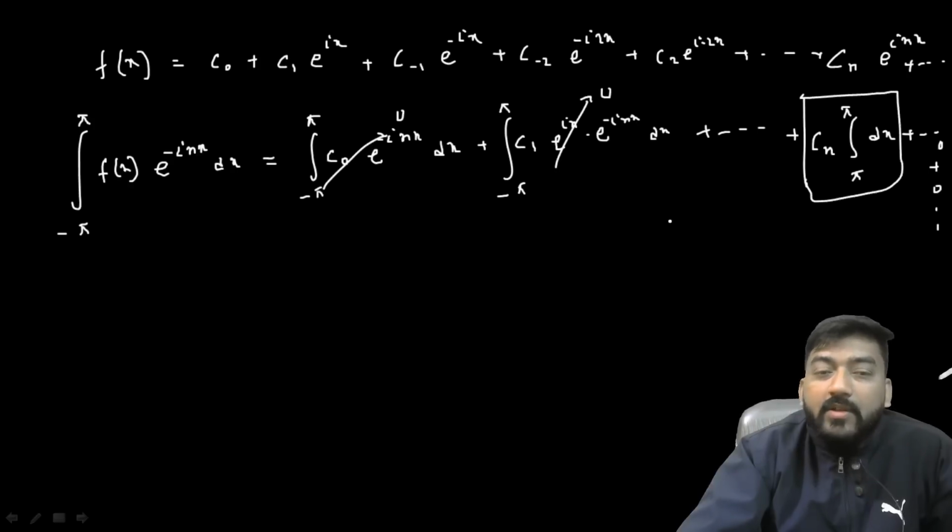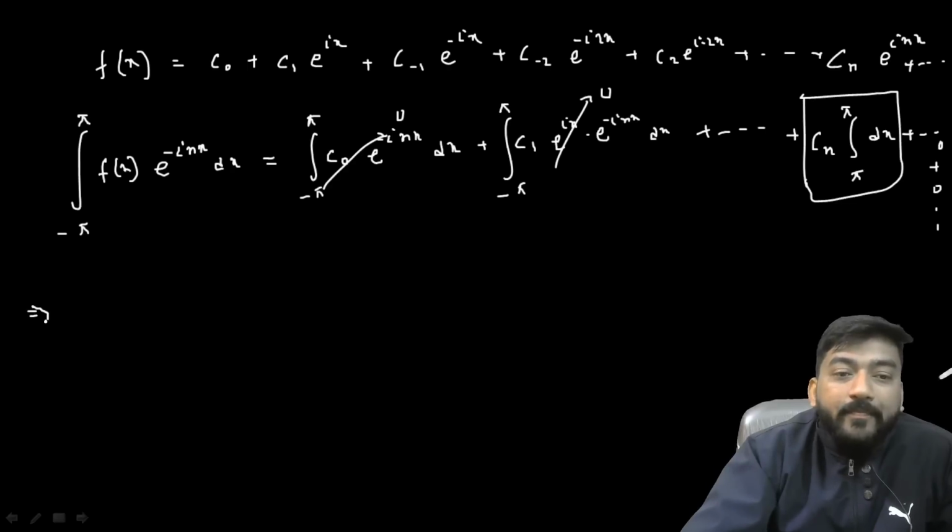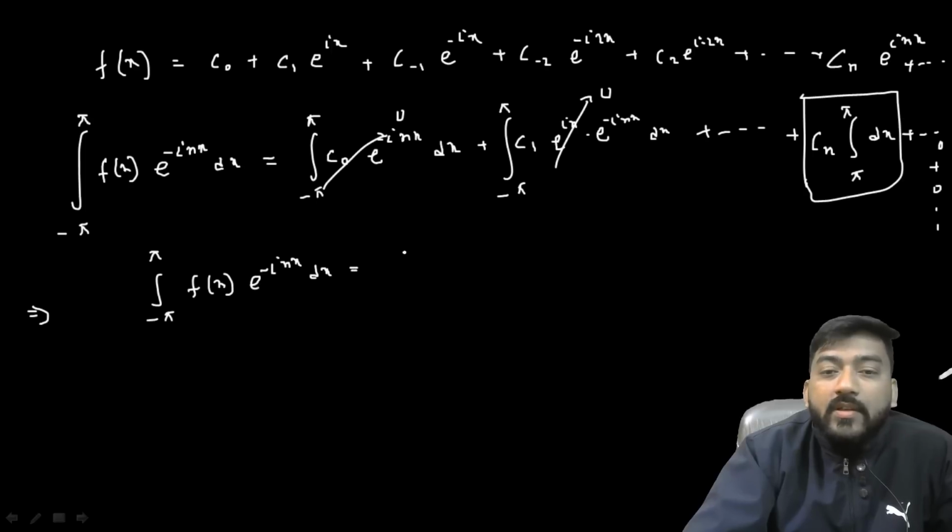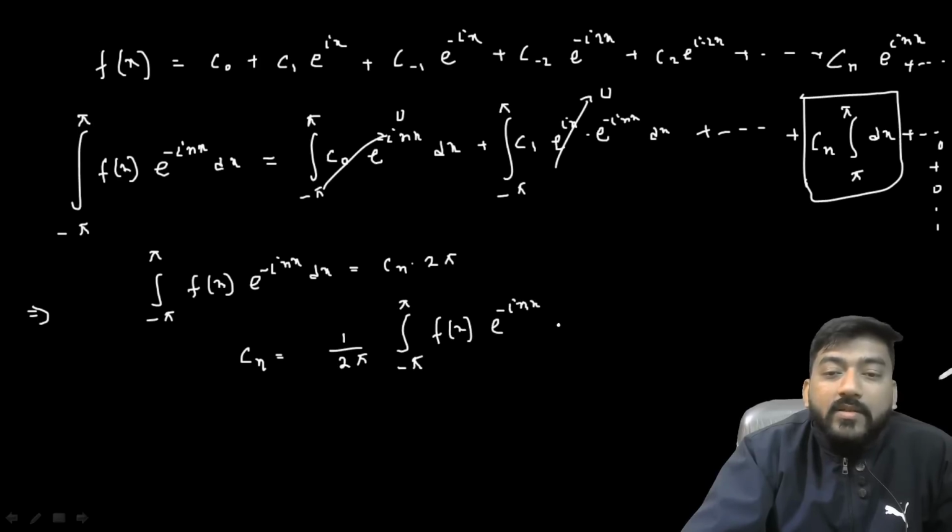What you will get is minus pi to pi f of x e to the power minus inx dx equal to cn into 2 pi. So the value of cn will be 1 upon 2 pi integral minus pi to pi f of x e to the power minus inx dx.